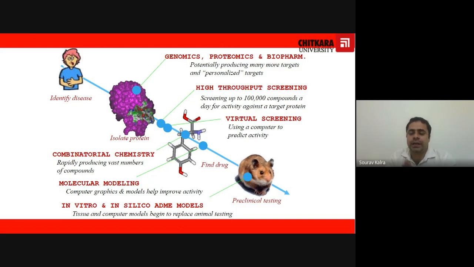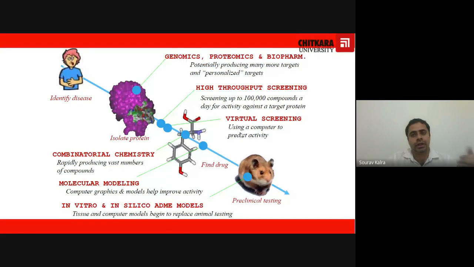Next we can use virtual screening. Virtual screening is where we have a library of compounds, around 1 lakh to 2 lakh, or even 10 lakh compounds. We can take one protein, like a cancer protein, and have 2 lakh or 3 lakh compounds binding to the protein, and from there we can lower down from 2 lakh compounds to the 10 compounds that are active against this target.